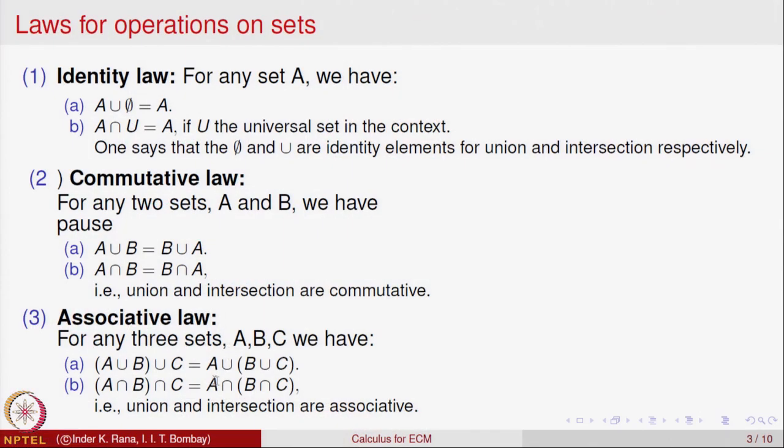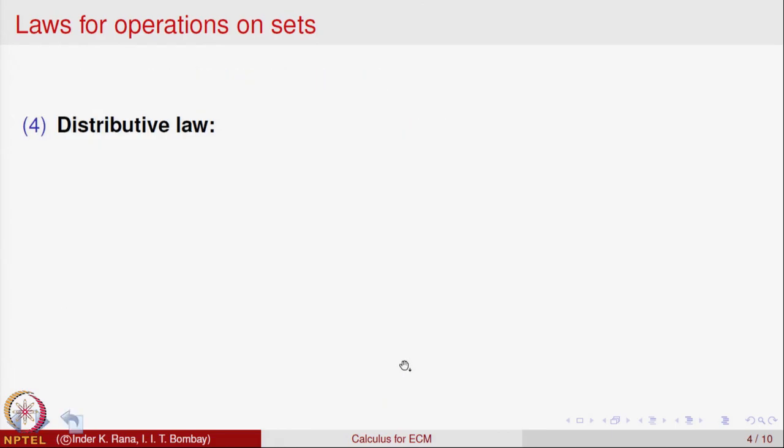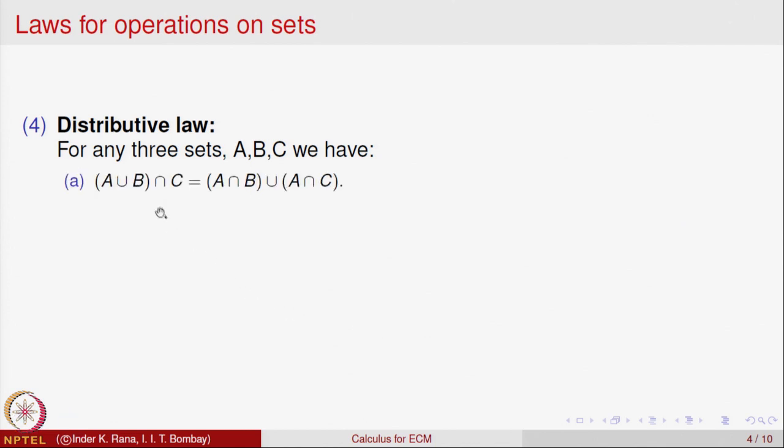Similarly, the associativity of intersection and union, and then the distributive properties: distributive property of intersection over union, and distributive property of union over intersection.